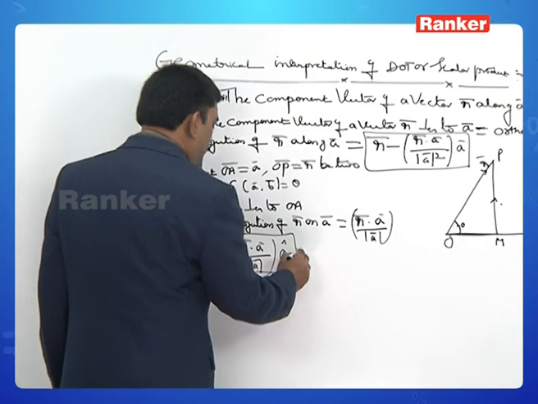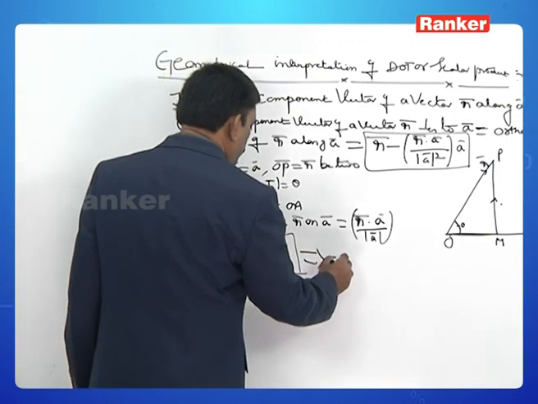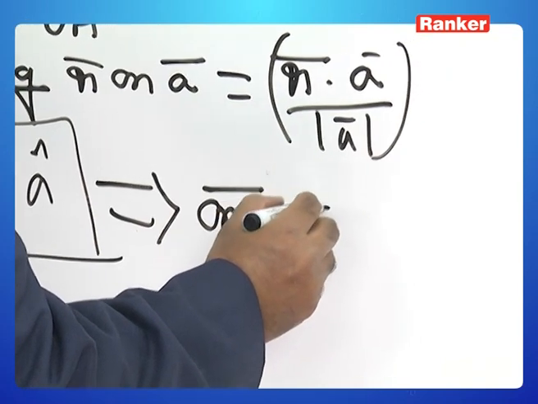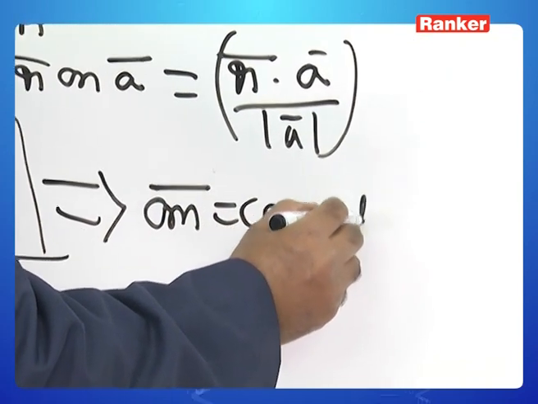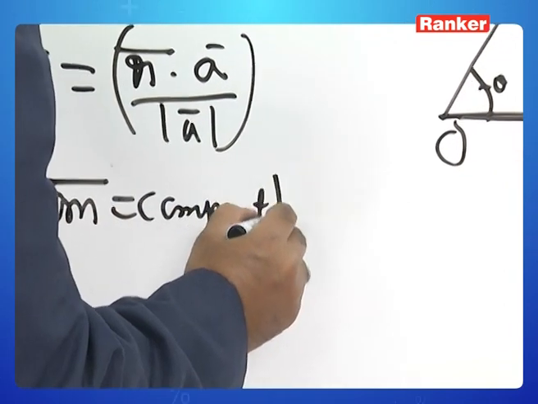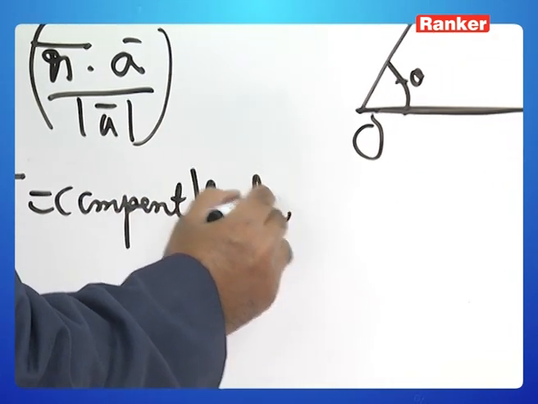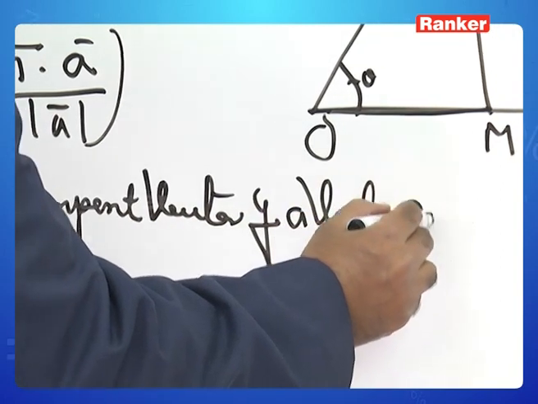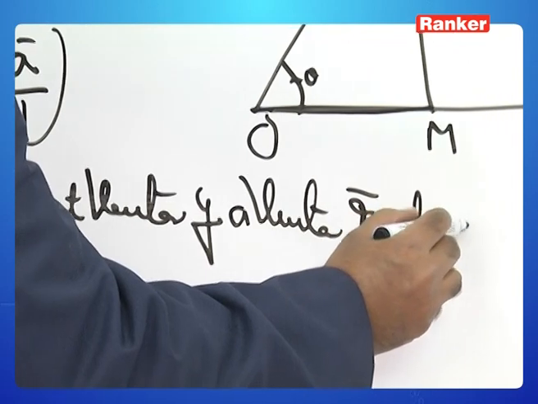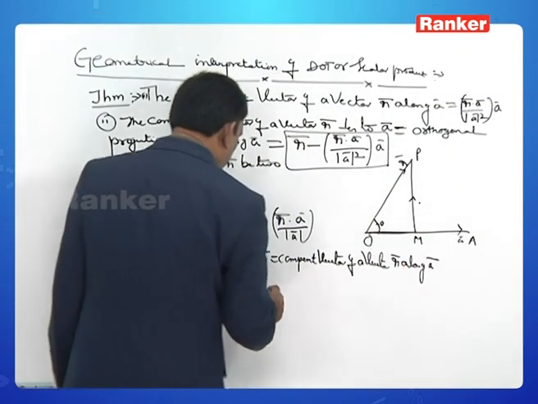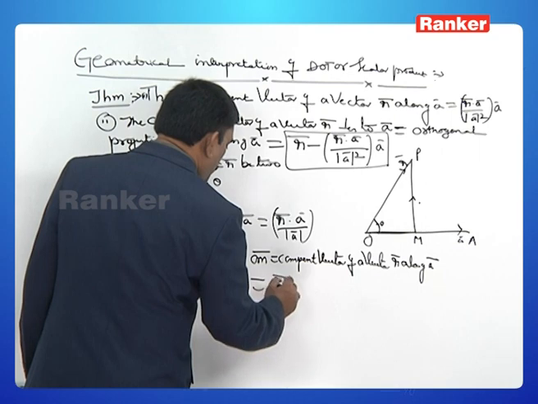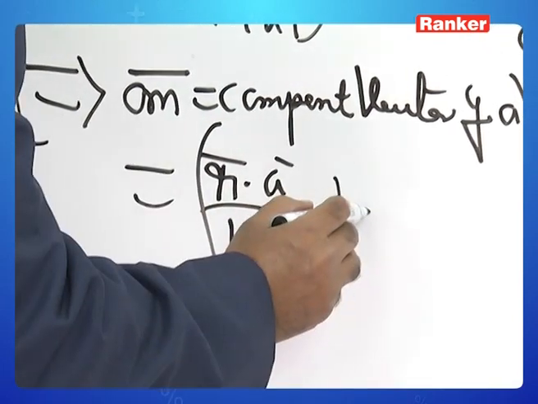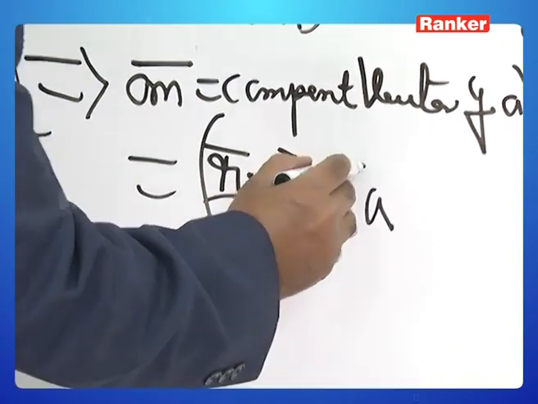So OM bar, which is the component vector of a vector R bar along A bar, is equal to R bar dot A bar by modulus of A bar whole square into A bar.